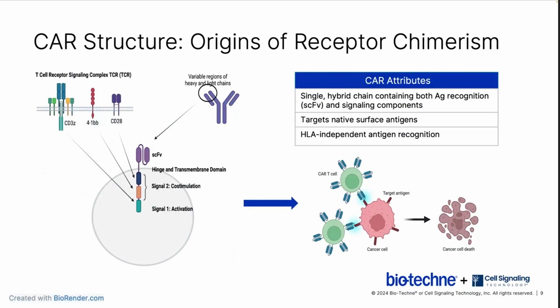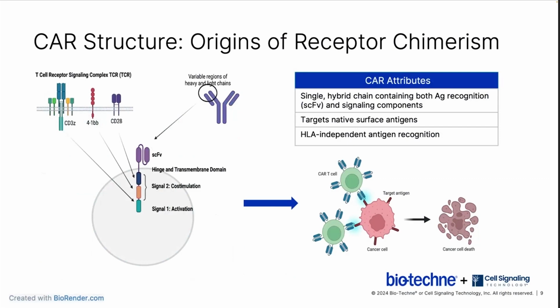Most CARs utilize an scFv-based binding domain for target recognition, which is derived from the variable heavy and variable light domains of a monoclonal antibody directed against a particular tumor antigen. It's important to note that VHH domains can also be leveraged for antigen binding and are often incorporated into CARs as a target recognition domain.